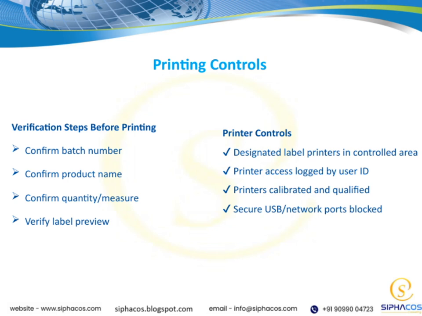This step allows us to catch any errors or misprints before the labels are printed, ensuring accuracy and consistency in our labeling process. These controls and verification steps are all about maintaining integrity, security, and quality in our labeling process, which ties back to our overall goal of delivering safe and reliable products.